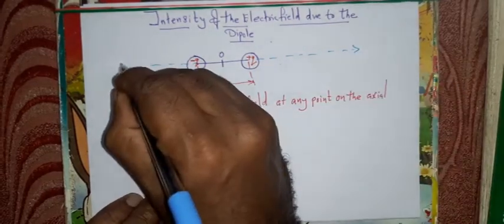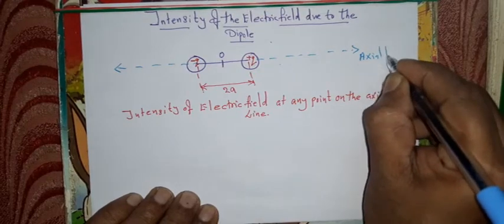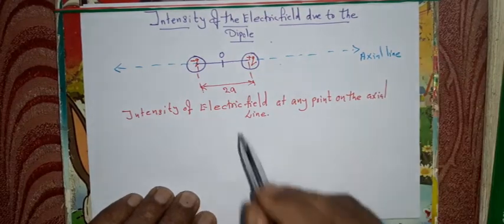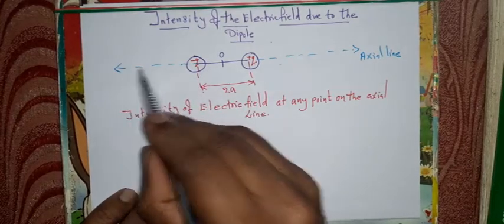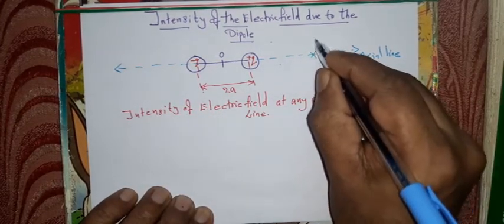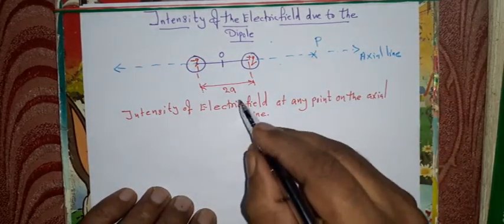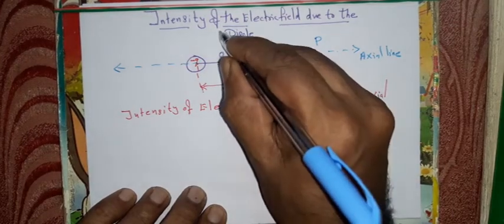This line is called the axial line of the dipole. Therefore, we can find a formula for the intensity of the electric field at any point on the axial line. Another one is the intensity of the electric field at any point on the equatorial line.